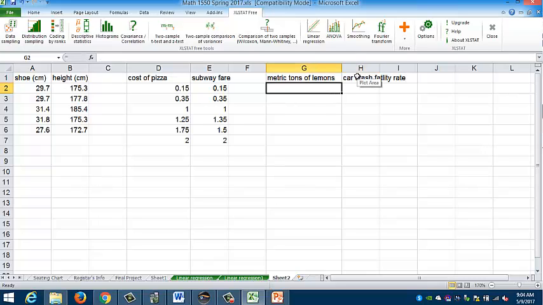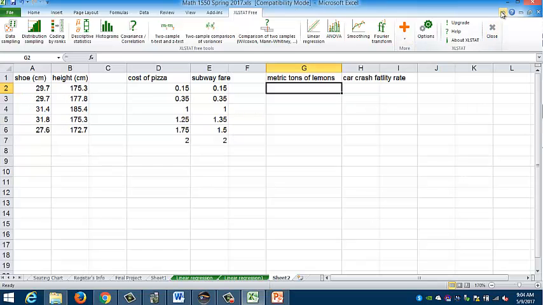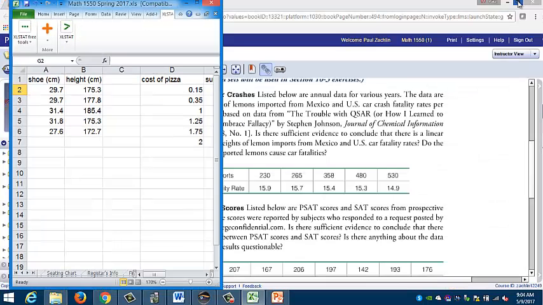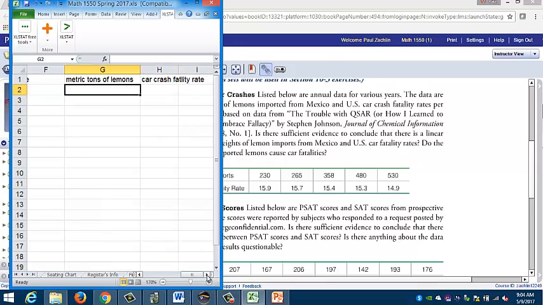This is ridiculous. All right, so here I go. I have my columns. I want to look at the data here, so let me minimize this. Metric tons of lemons and the car crash fatality rate.